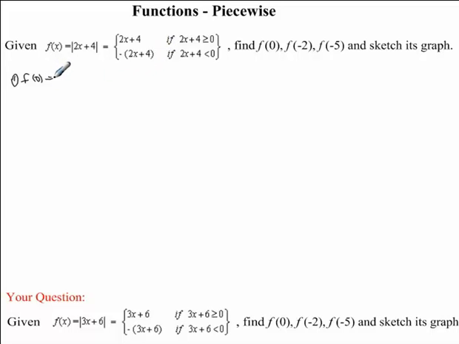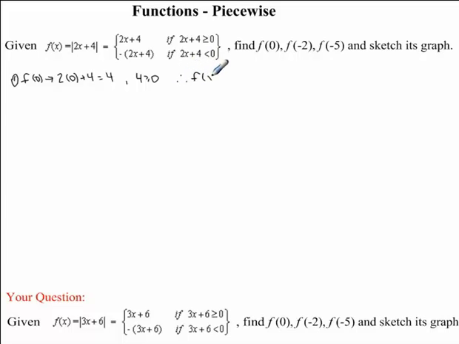So to begin, we need to plug in our x equals 0 into 2x plus 4. So we will have 2 times 0 plus 4, which we find is equal to 4. Now, since 4 is greater than or equal to 0, it satisfies this condition here. So we will use the function 2x plus 4.